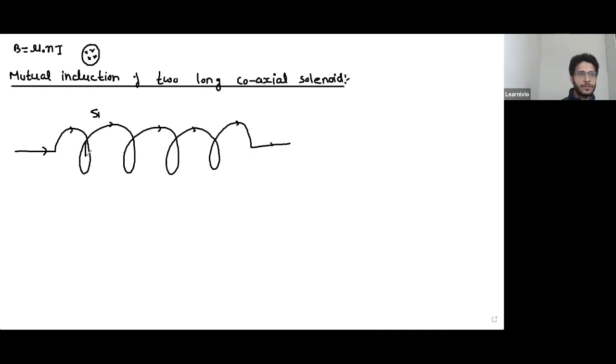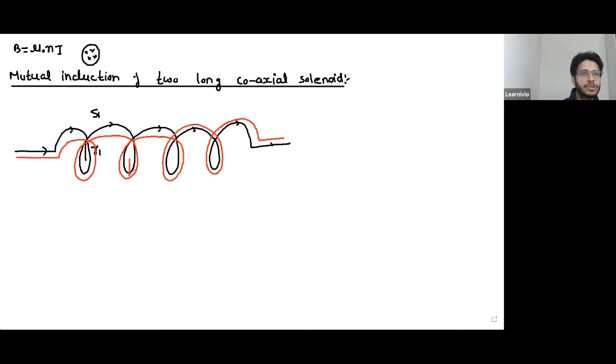The radius of the solenoid S1 is R. After this S1, you have another solenoid, that's S2. This is solenoid S2.